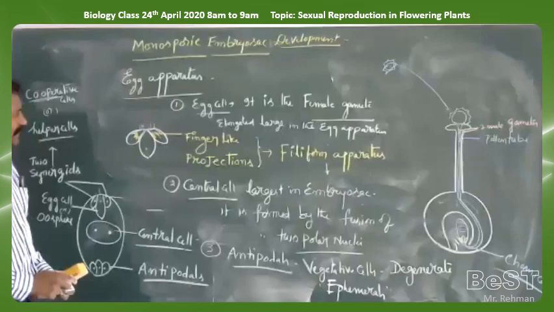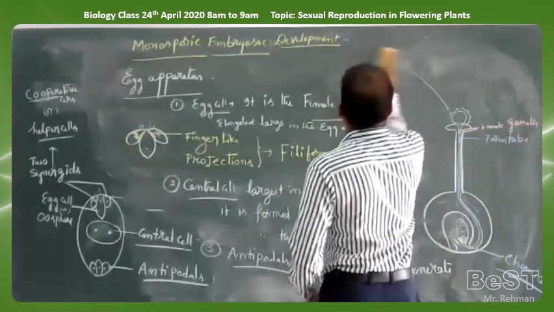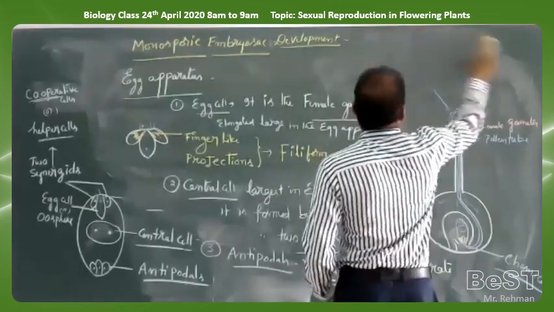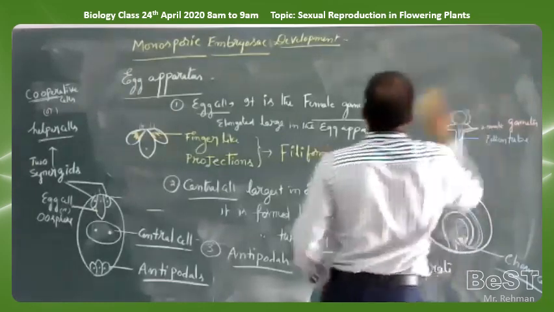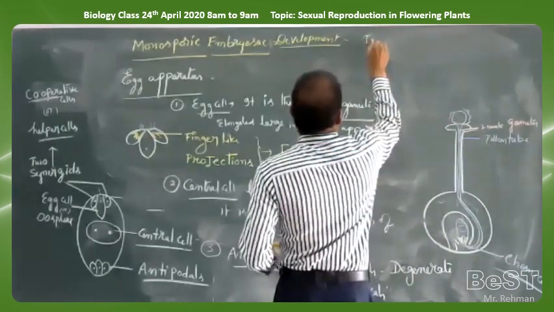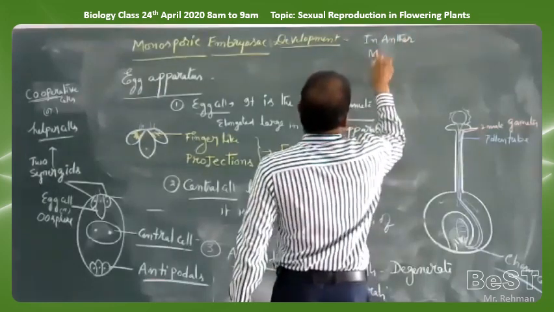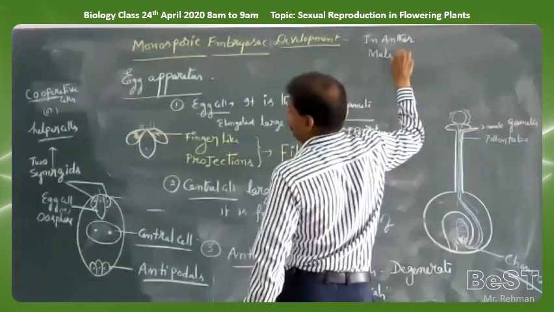Now, let us see the male reproductive part, that is the androecium or stamen. In the stamen, in the anther, what is male?